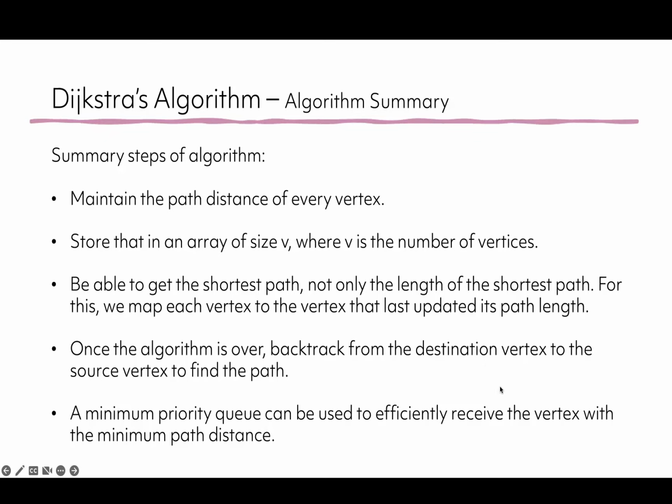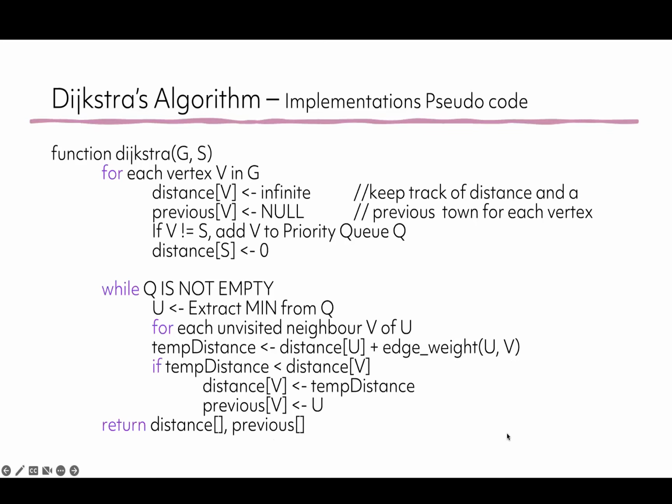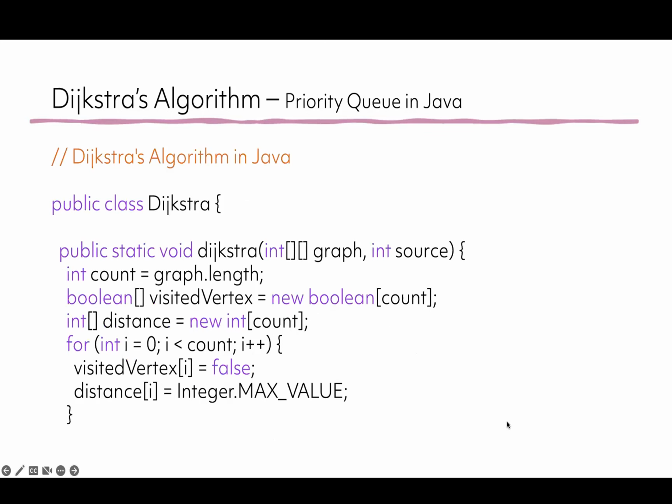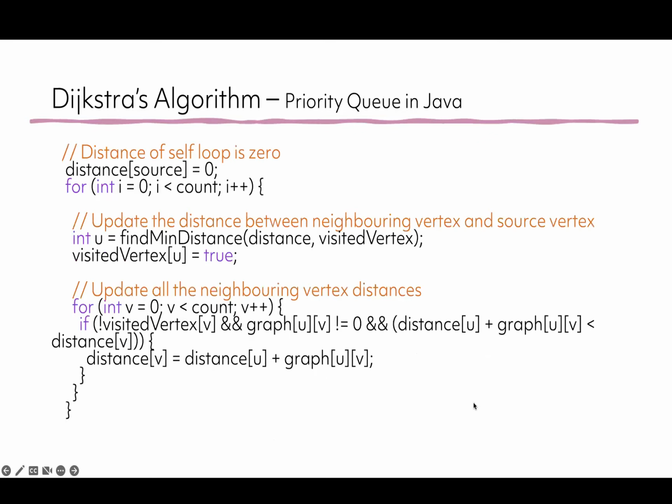Once the algorithm is over, backtrack from the destination vertex to the source vertex to find the path. A minimum priority queue can be used to efficiently receive the vertex with the minimum path distance. And this is the pseudocode. And this is the code using priority queue in Java.